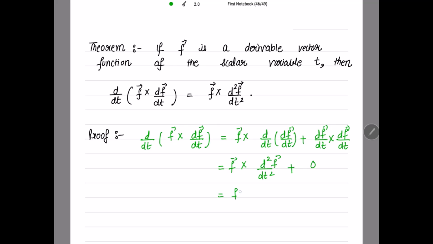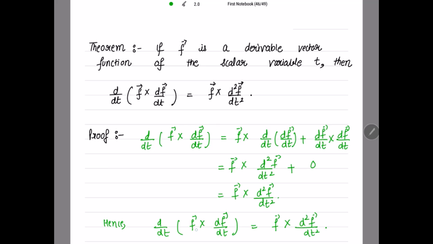So we get f vector cross d square f over dt square. Hence the result that d by dt of cross product of f with df by dt is equal to f vector cross d square f over dt square.